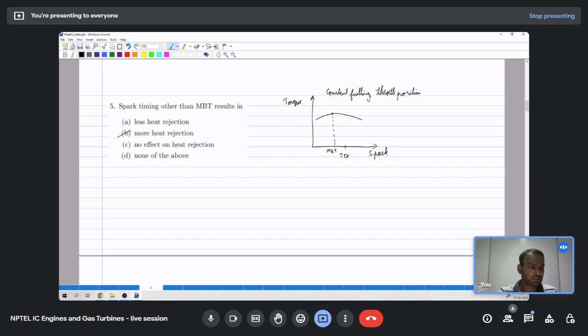Because if you have the spark later, you will burn the fuel later, and most of the fuel energy will not be used for the expansion of the gases and cannot push the piston. Most of the combustion heat energy will go out as exhaust losses, and that is how you get more heat rejection when you move away from MBT spark timing. So only at MBT you will have the minimum heat rejection, and beyond this you will have more heat rejection.